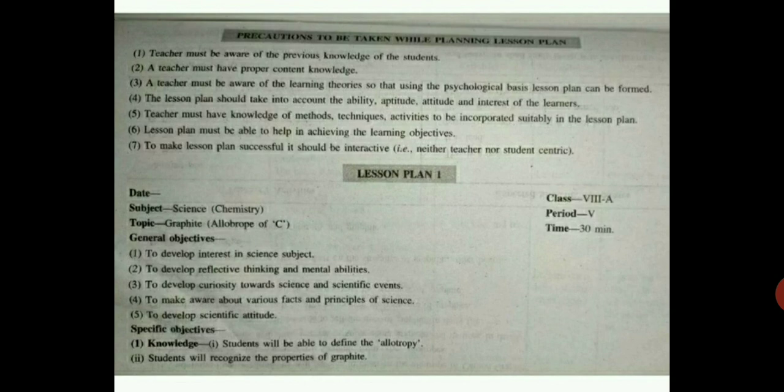Generally, the teacher should try to develop interest in the subject, here science, in the students, so that they develop a scientific attitude, are able to think critically, and are able to reflect on what is going on in the classroom, the activities and so on. In this way general objectives are written.